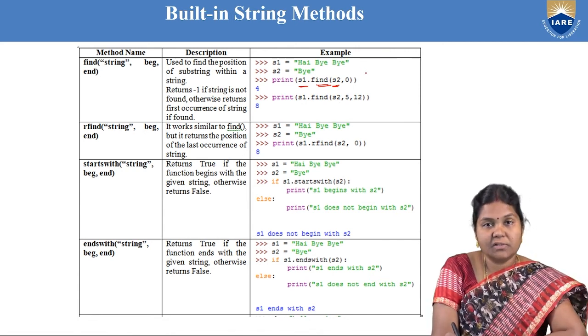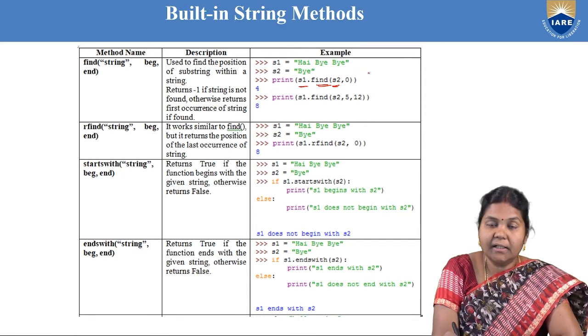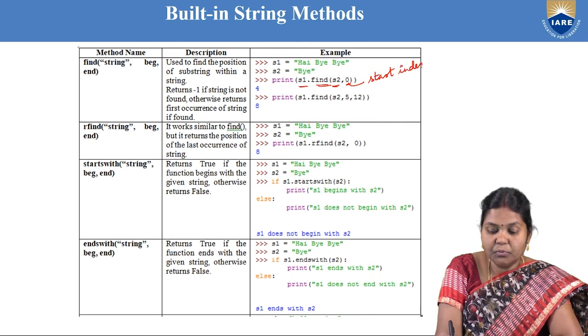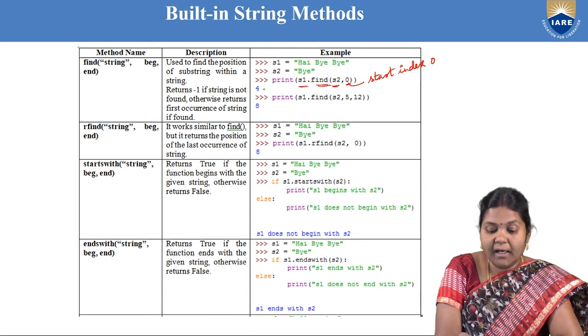One is the string which you want to find in another string, and then the starting index and the ending index. If you mention 0, it means that starting from index number 0, you start searching for the substring S2 in S1. So bye is present and its index number is 4.